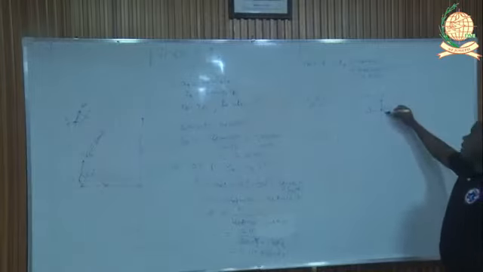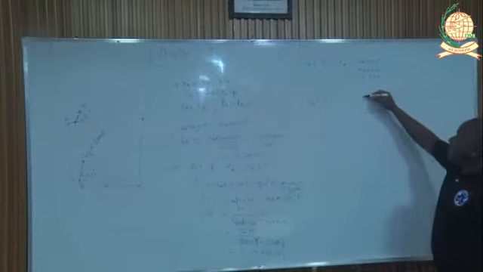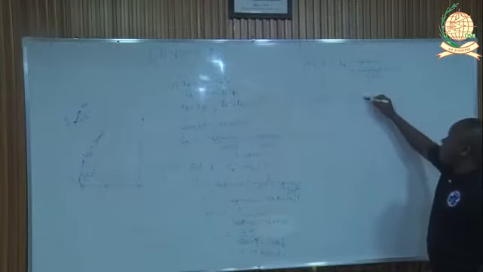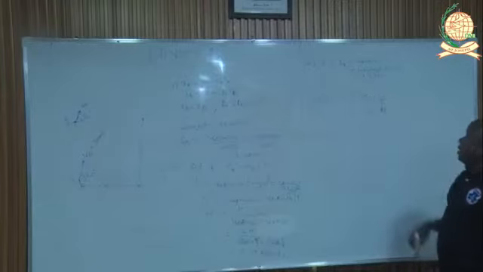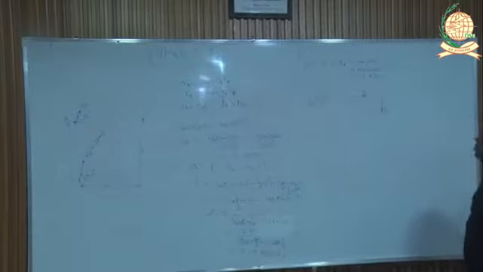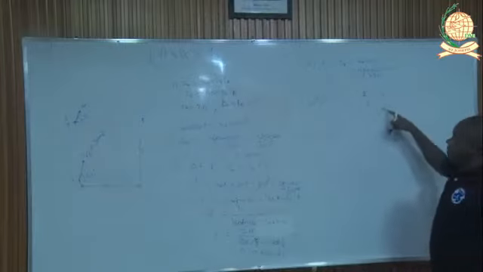At this point A, velocity is linear in this direction, but if we go to another point, it is also linear, but making some degrees. So the direction at point A is different from the direction at point B. For that reason, there is a net change in velocity here.